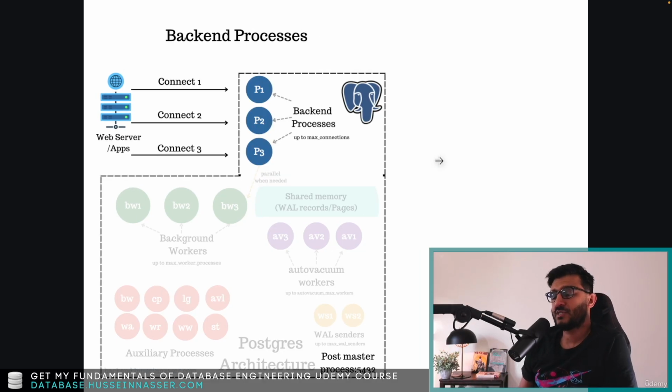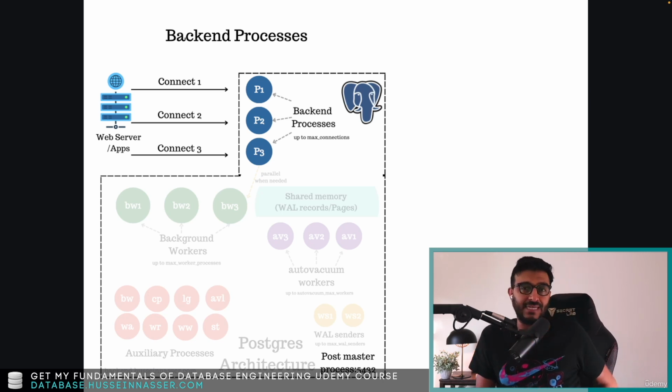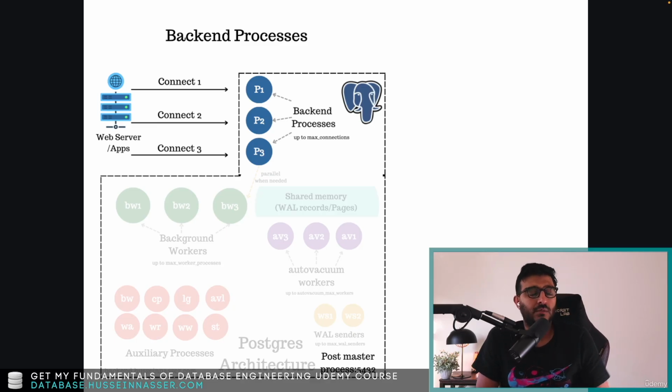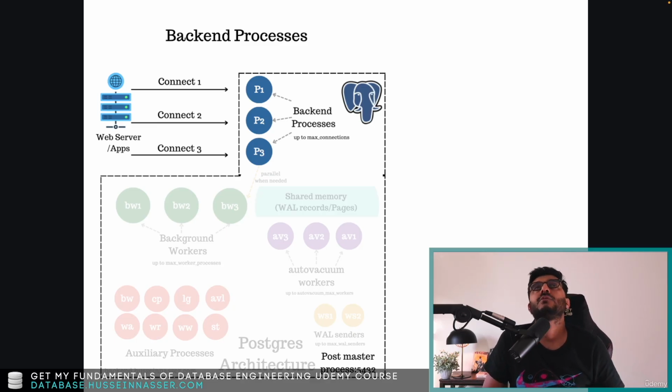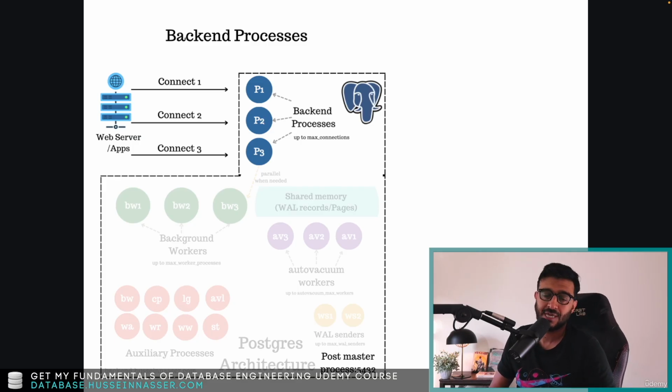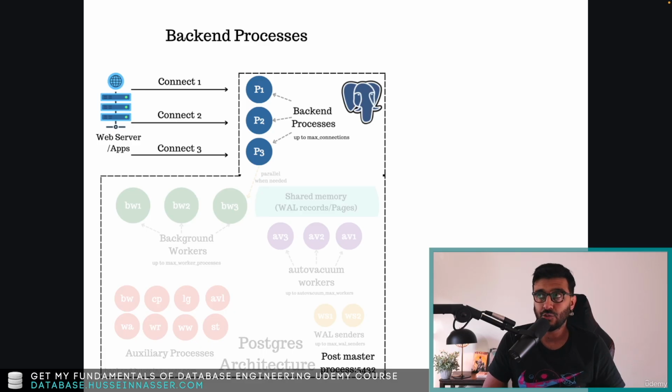And clients here are not really end users like you and I. The clients of the database are usually other applications, usually backend applications, right? It's rare that you have the user actually connecting to the database directly. We don't do that, right?